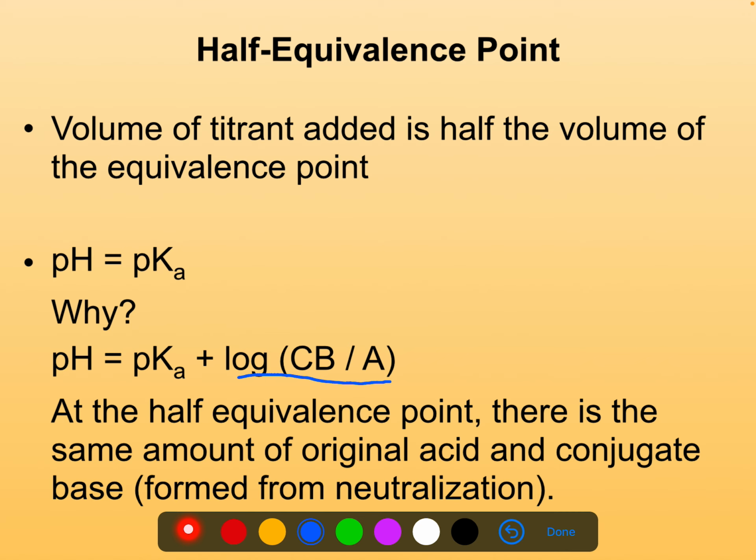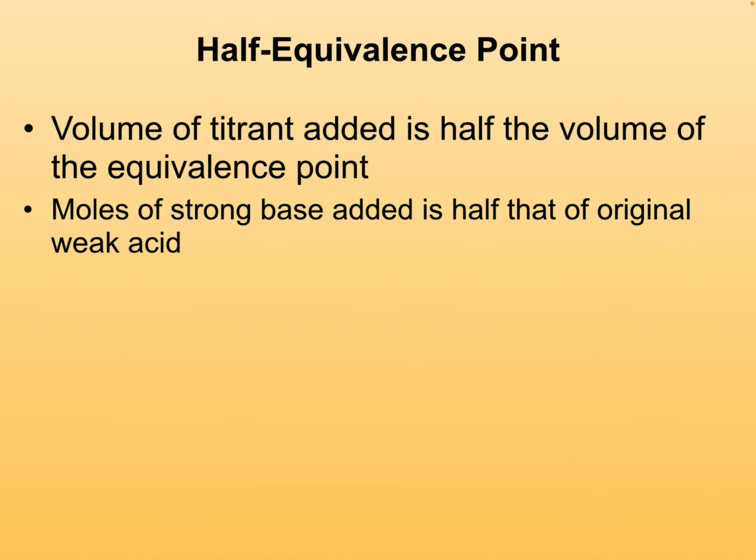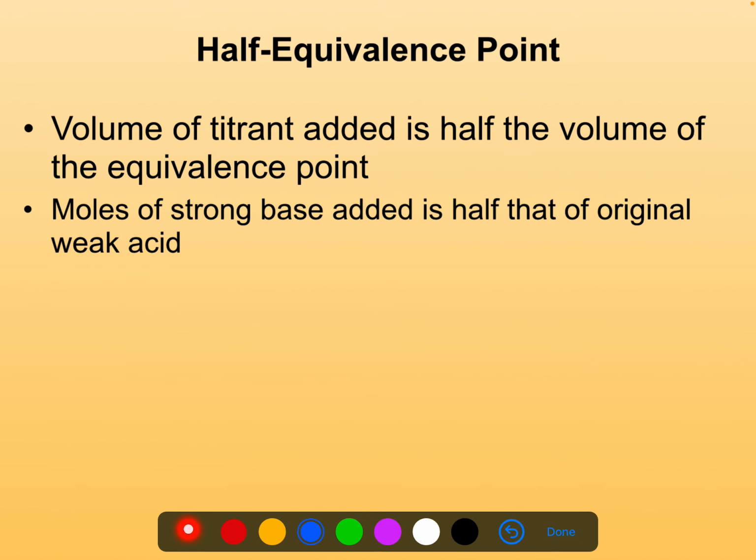So pH is going to be equal to pKa. This can be used to help us figure out which weak acid we're titrating if we do not know based off of that data. So the moles of strong base added would be half of the amount of moles of the original acid.